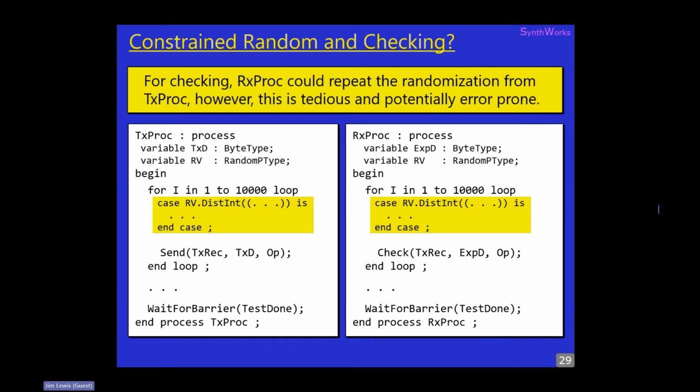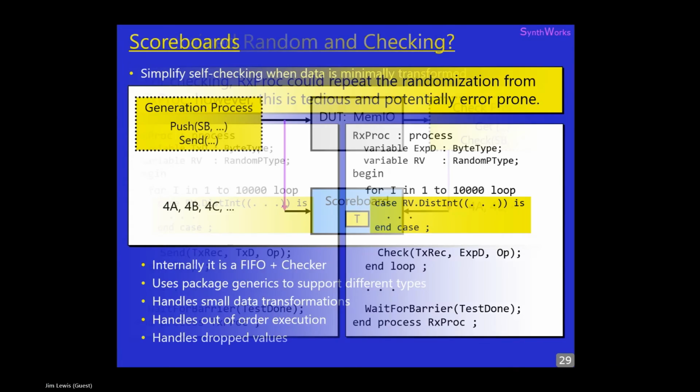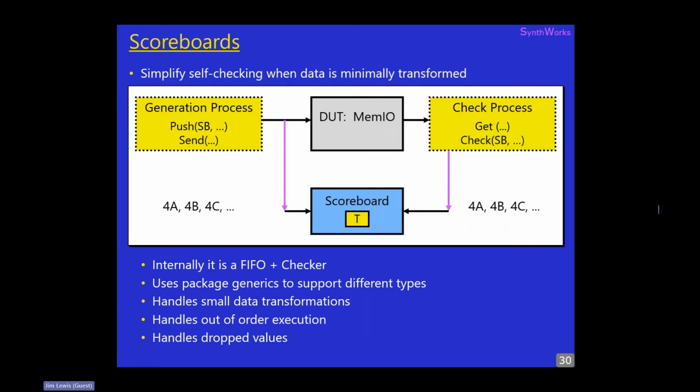Now, how do we check it? Okay, so we can check it by repeating that pattern, but that's tedious and error prone. We don't want to be doing that. Okay, and then we have scoreboards. So what we're going to check it with is scoreboards.